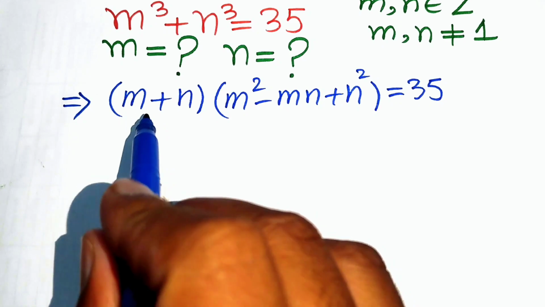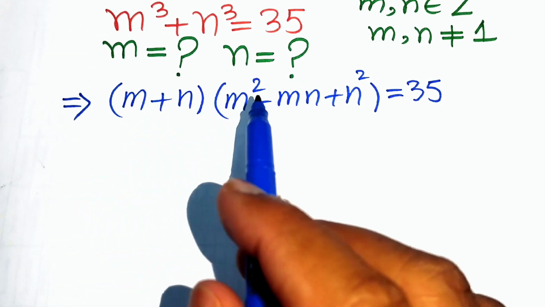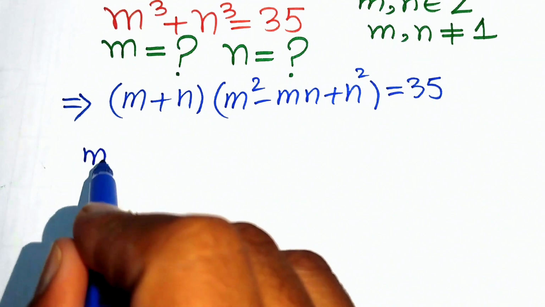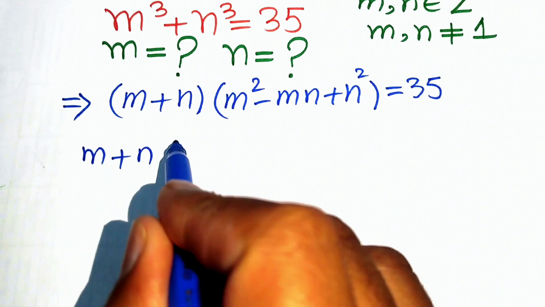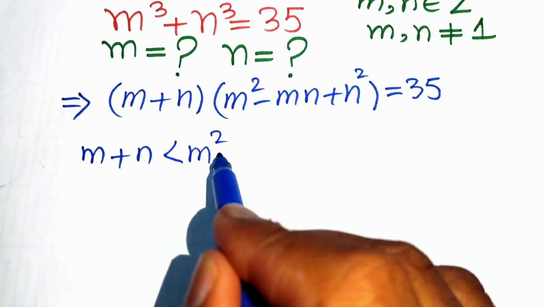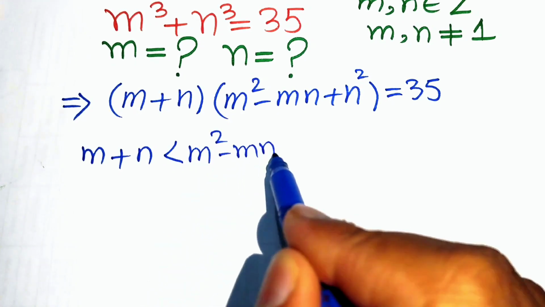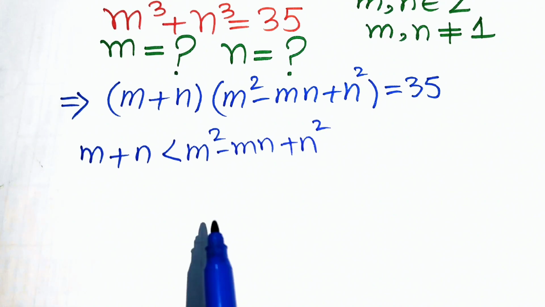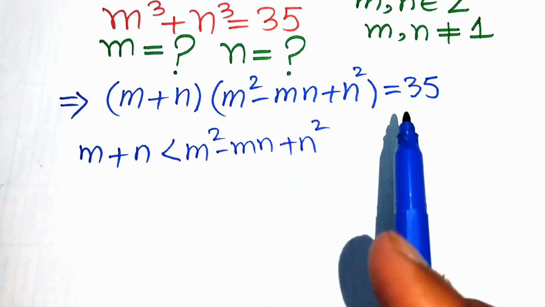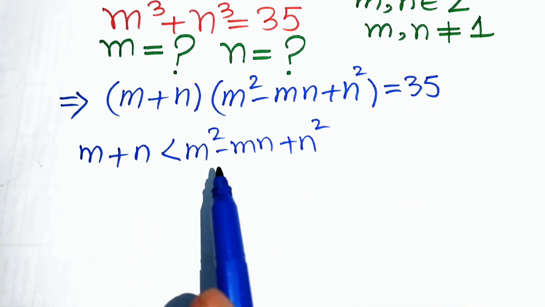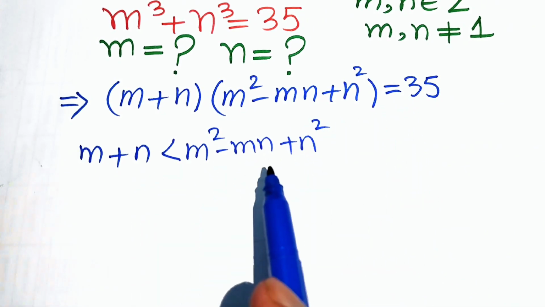Our first factor is always less than our second factor, so m plus n is always less than m squared minus mn plus n squared. Now we make the factors of 35 and choose those factors that satisfy this condition, where the first factor is less than the second factor.